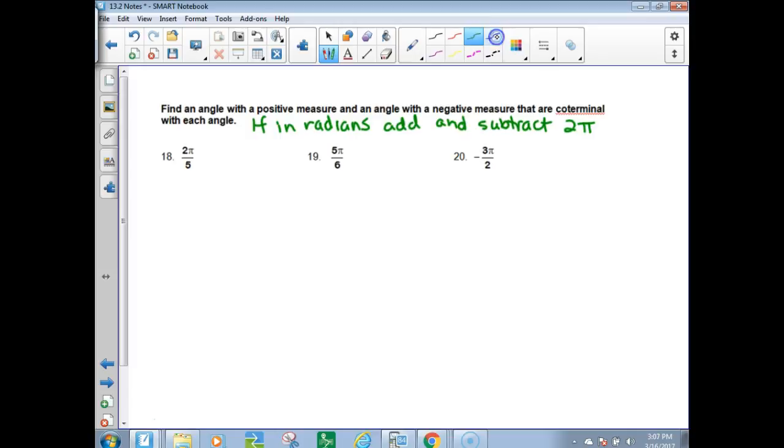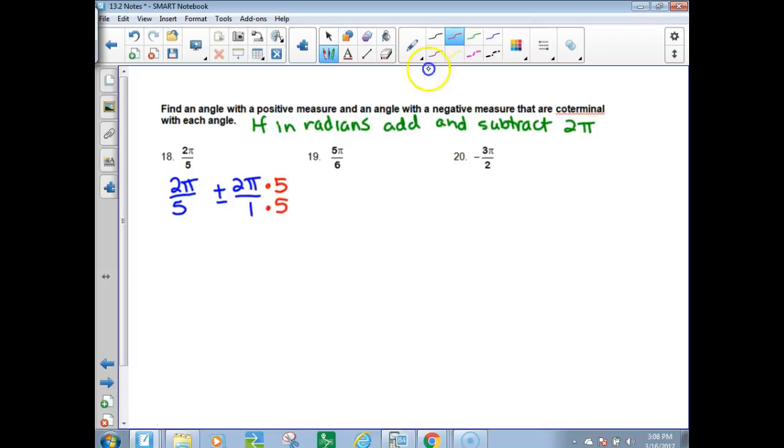So we're going to take 2 pi over 5, and we're going to add 2 pi. We're also going to take 2 pi over 5 and subtract 2 pi. So I'm just going to write it like this, plus or minus 2 pi. The thing that we want to do is think about getting these into common denominators. So what would I need to do to get 2 pi to be in fifths, on the top and the bottom?